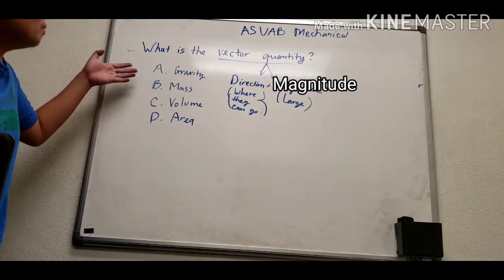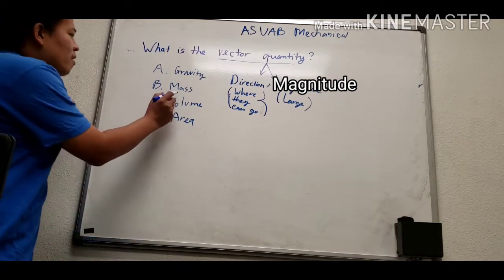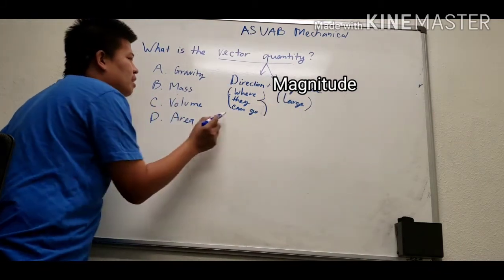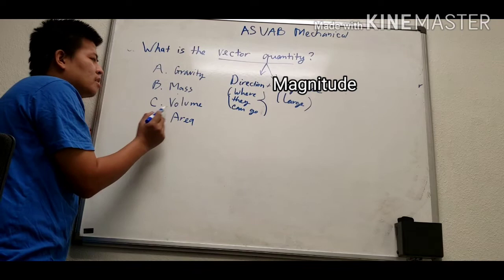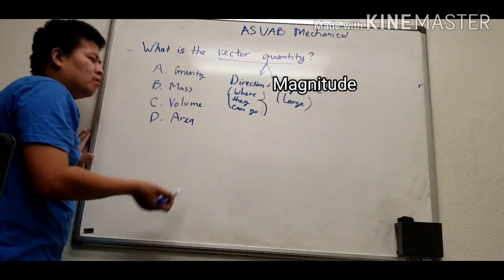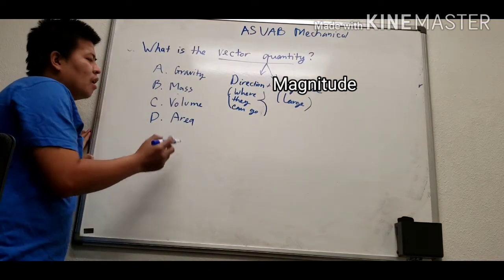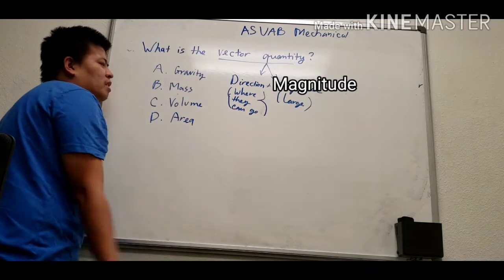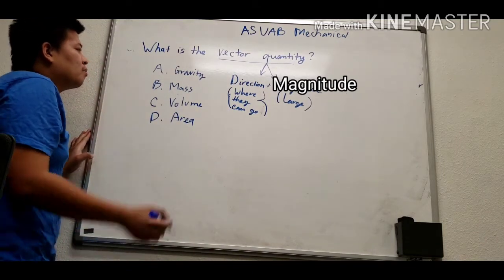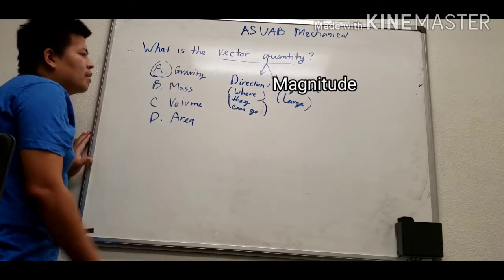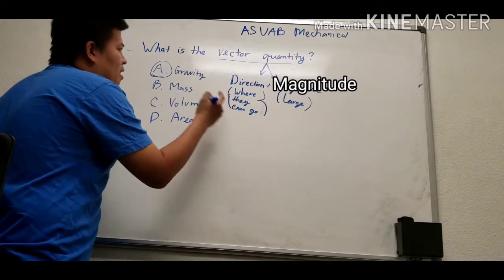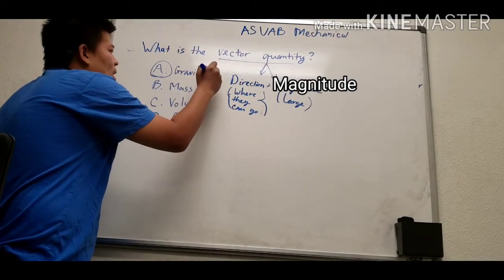And here we have this one. We have the mass. They have the magnitude, but they don't have the direction. Similar, they have the magnitude, but they don't have the direction. Area is similar, they have the magnitude, but they don't have direction. But we have A, because in gravity, let's see the force.